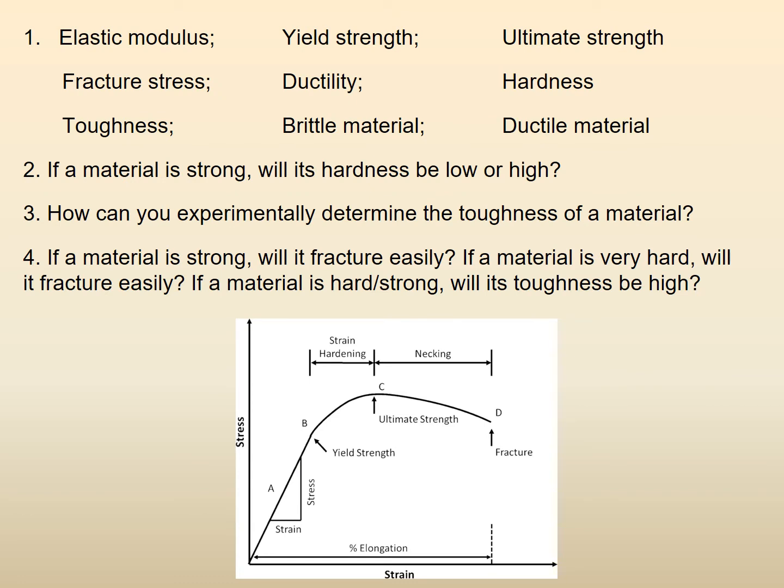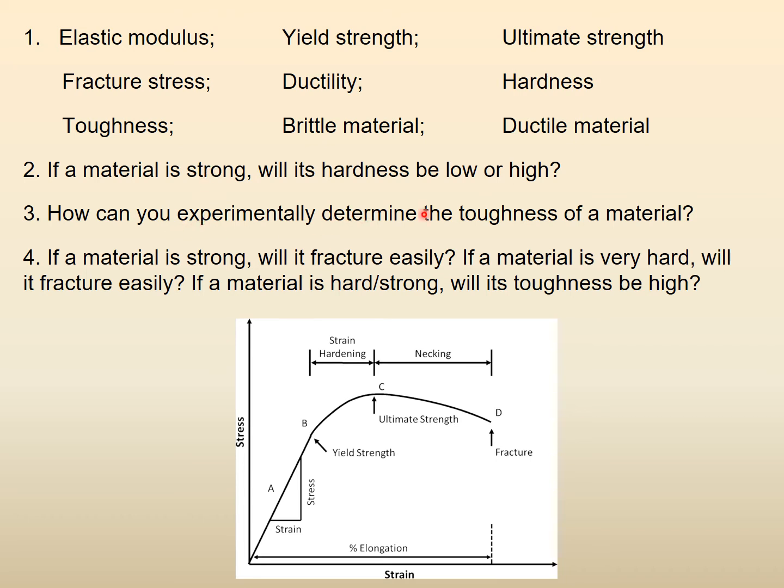So now you go back. Now you have defined all these things. You have defined hardness, toughness and all the things. You have defined when a material is brittle or ductile. And you have answered, if a material is strong, will its hardness be low or high? Yes, hardness will also be high if its strength is high.